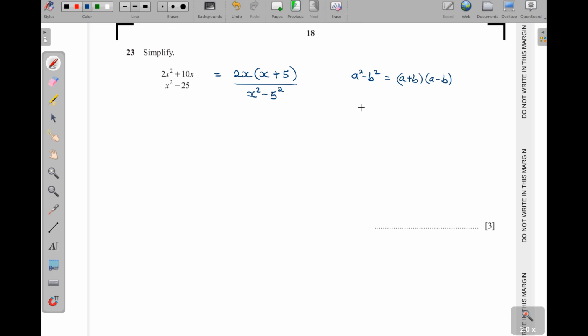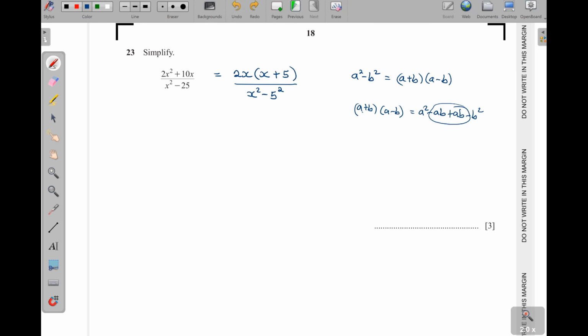If you get a plus b times a minus b, a times a, that is a squared, then a times minus b, you get minus ab, then b times a, you get ab, and then b times negative b, you get minus b squared. So do you see how these two disappear, and then you remain with a squared minus b squared?